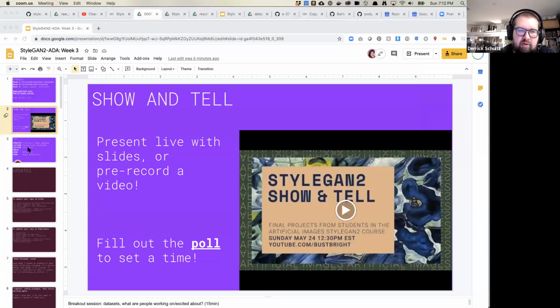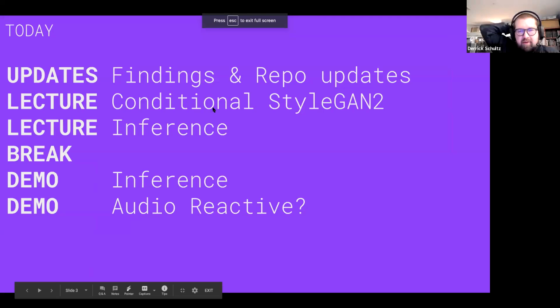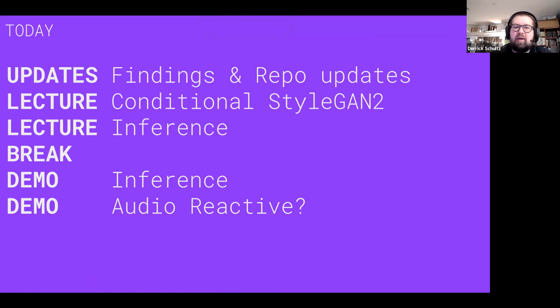Cool. Sorry about that. So this week, as I mentioned, I have some updates on things I've found with the repo, as well as I've been writing lots of code this week to update some things to make things a little bit easier. I'll go over that, and then we'll talk a little bit about conditional StyleGANs and having class labels.